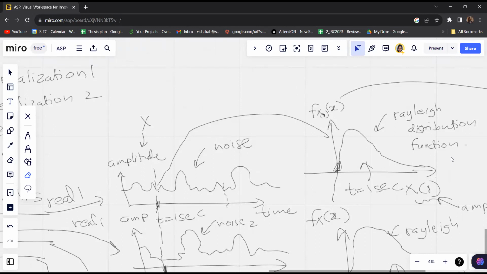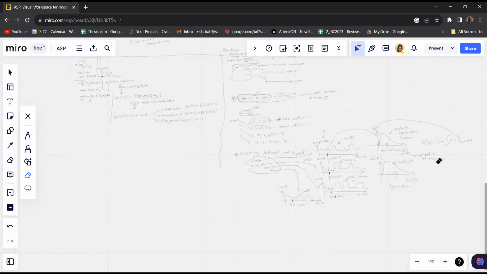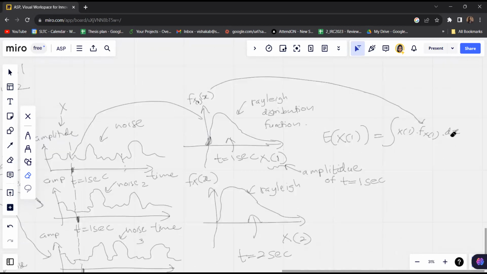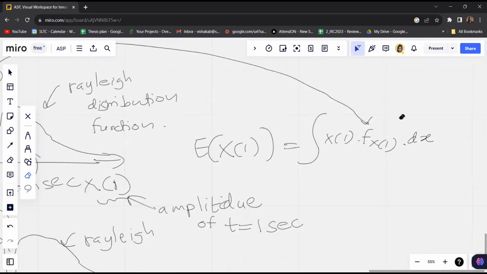The probability associated with x1 is given using this probability density function. So the corresponding probability density function is fx1 and inside brackets simply x. If you want to find the expectation, we need to multiply the random variable with its probability density function and integrate over dx.